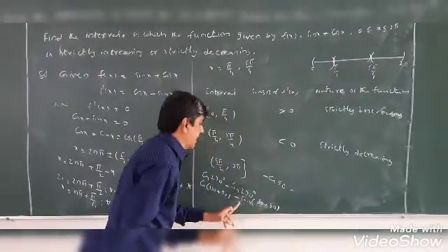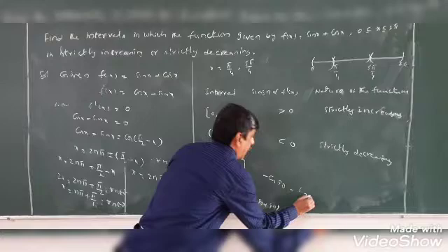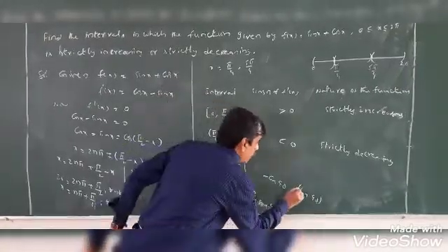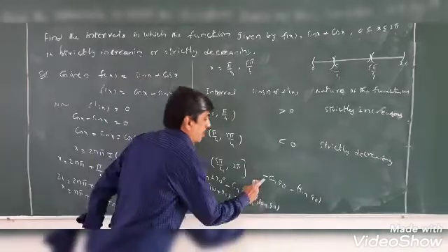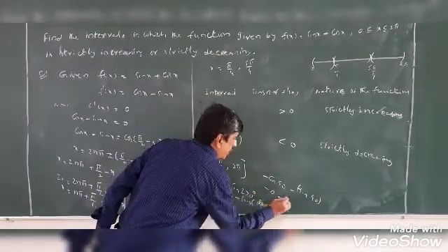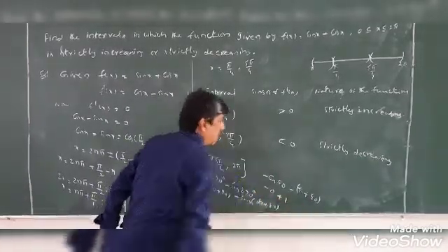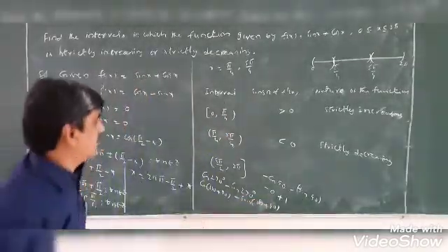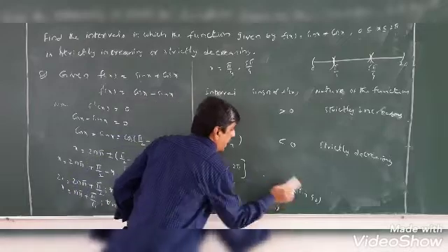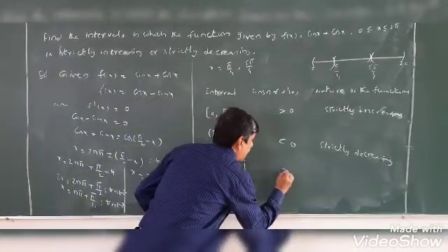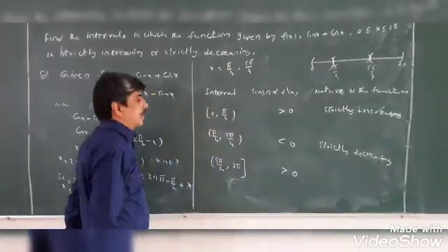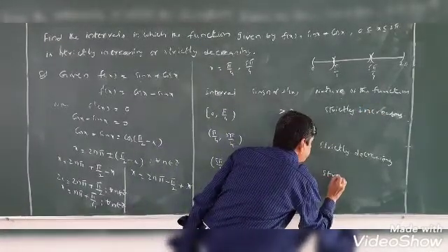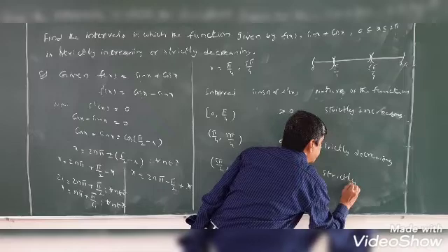Sin of 180 plus 90 is also third quadrant, where sin is negative. So minus cos 90 means 0, minus of minus sin 90 is plus 1. So 0 plus 1 means plus 1, therefore in this interval f dash x is greater than 0. So f dash x greater than 0 means the nature of the function is strictly increasing.